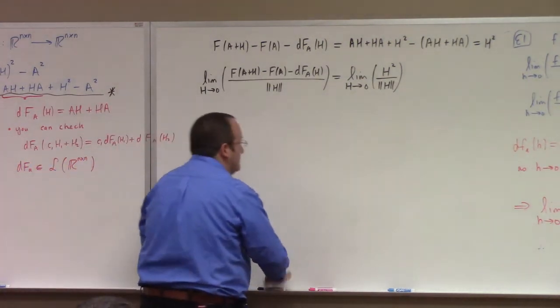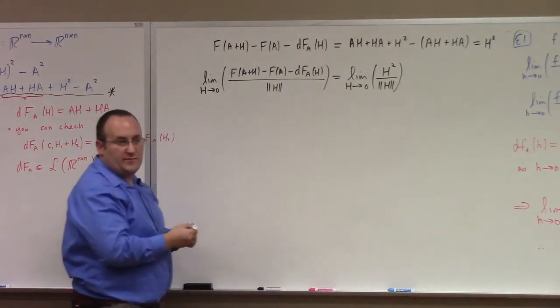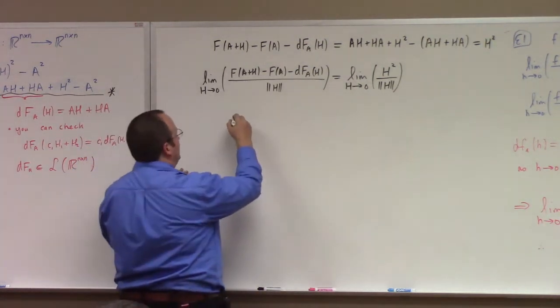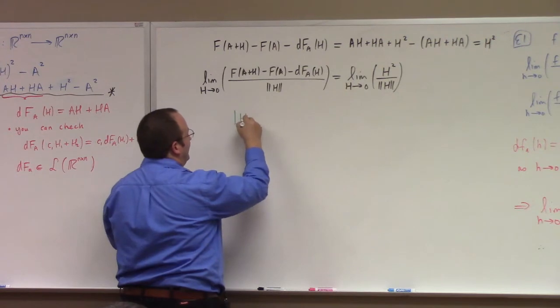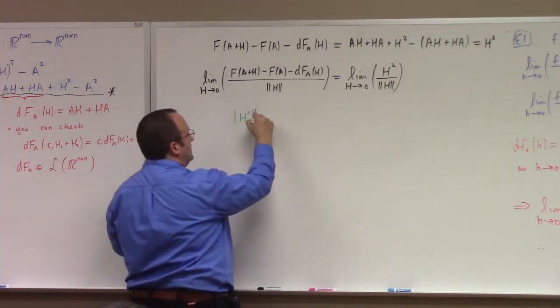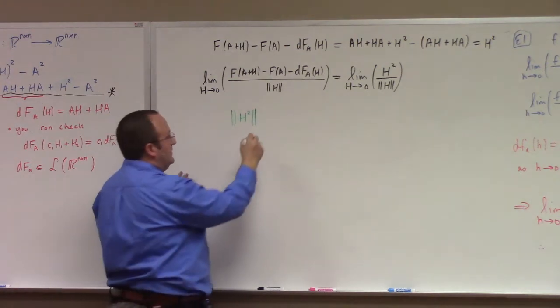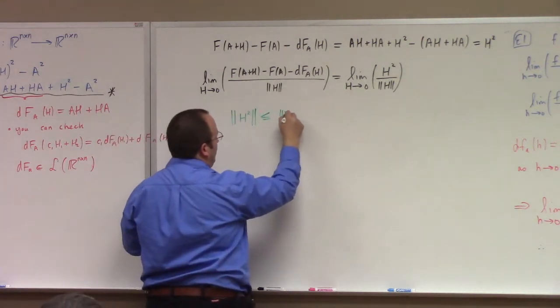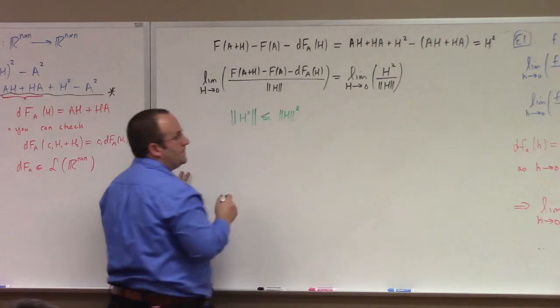So this limit is probably one you haven't done before, but the norm of h squared, this is a matrix product, right? The product, so this, by the way, is less than or equal to the norm of h squared.